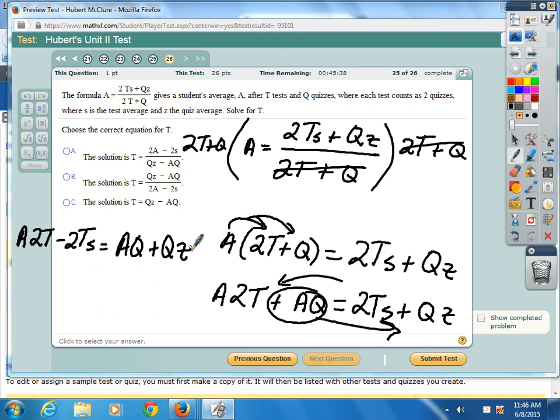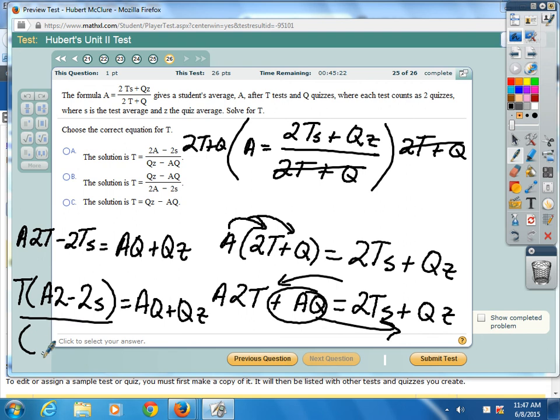And now you can factor out the T, and that gives us T times 2A minus 2S is equal to AQ plus QZ. Divide by 2A minus 2S, and that should be your answer. So, which one has 2A minus 2S? This one? Yeah, I think it's B.